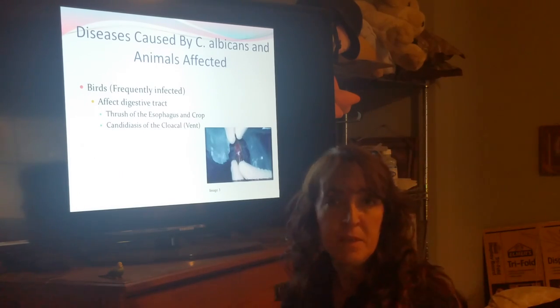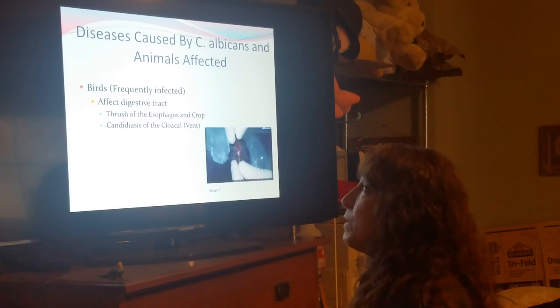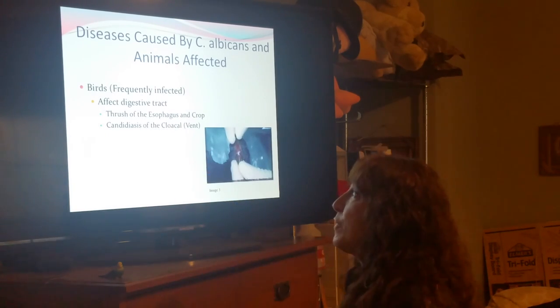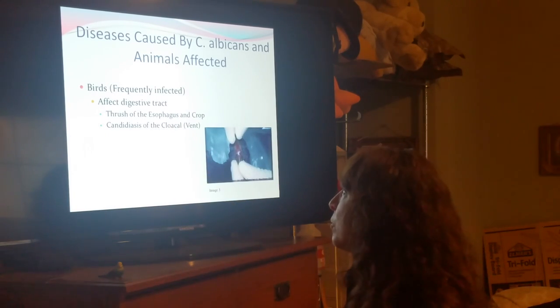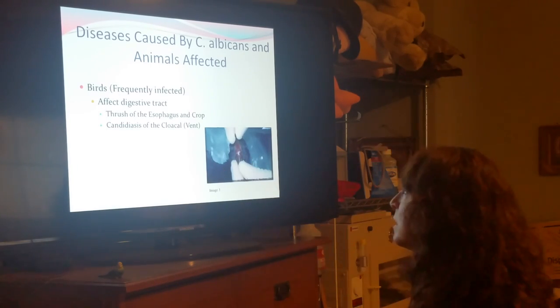Birds frequently will be infected with Candida albicans, and the digestive tract will be affected. You'll find thrush of the esophagus in the crop and candidiasis of the cloaca or the vent as presented here.